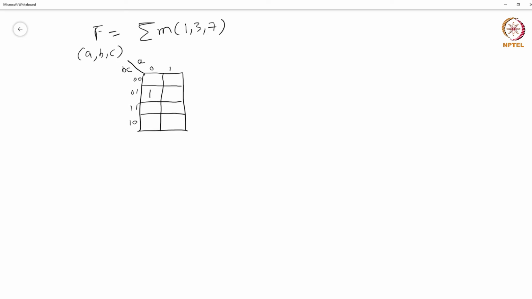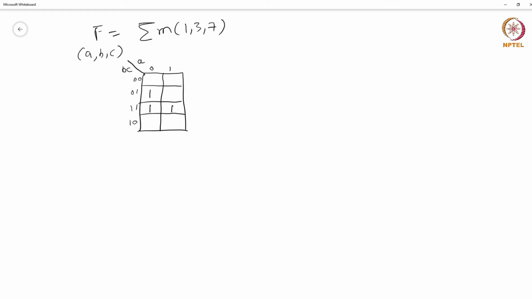Now for min term 3, A has to be 0 and B and C both are 1, so we can write 1 here. And for min term 7, A is 1, B and C both are 1. This is how we will fill this min term table and this K-map.